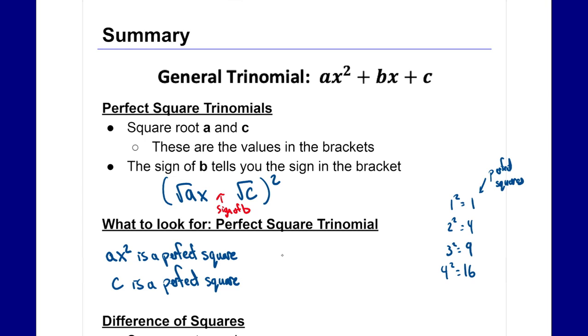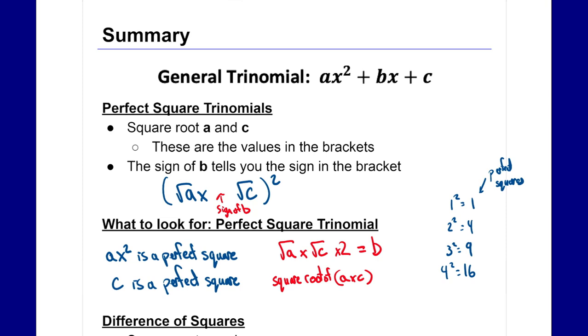We have to check to see that the square root of a times the square root of c, doubled, or times 2, has to equal b. Or another way we could think of it is we take the square root of a times c.